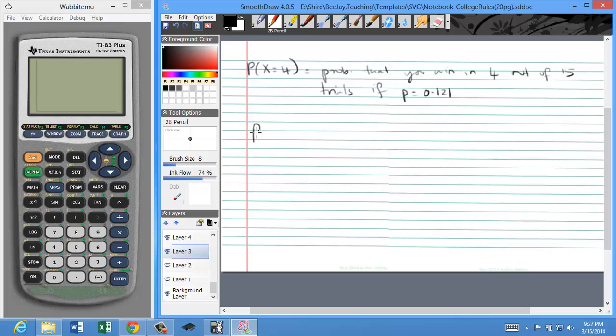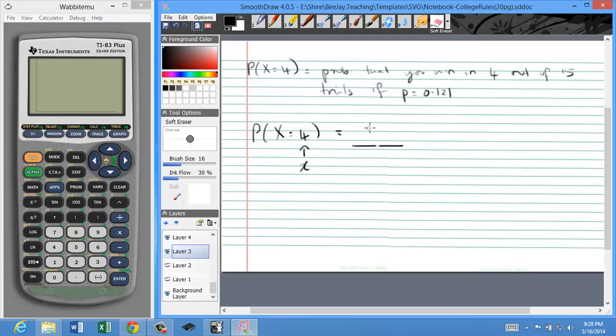So what we have is probability of X equals 4. Well, that 4 is nothing but little x, and we know n, we know p. Well, all I have to do is plug it in the formula that I wrote previously. It's n factorial over x factorial times n minus x factorial.